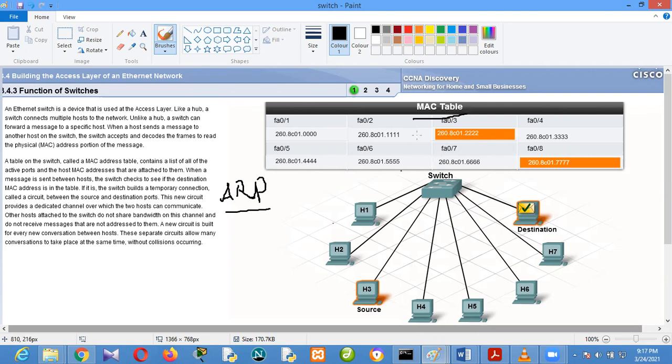Now, you might be asking me what a MAC address is. A MAC address is the address given to the Ethernet port of a device or a host by the manufacturer. And a MAC address cannot be changed, it is always unique. Are you there?